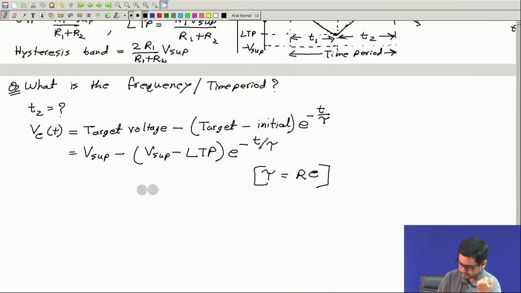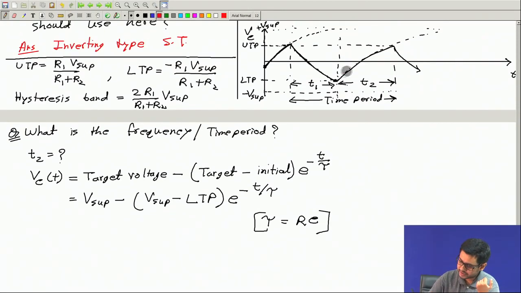Okay. So, if I call this point time 0, and then this time is t equal to t2. If we put the origin here for simplified writing, then this total time is t2.